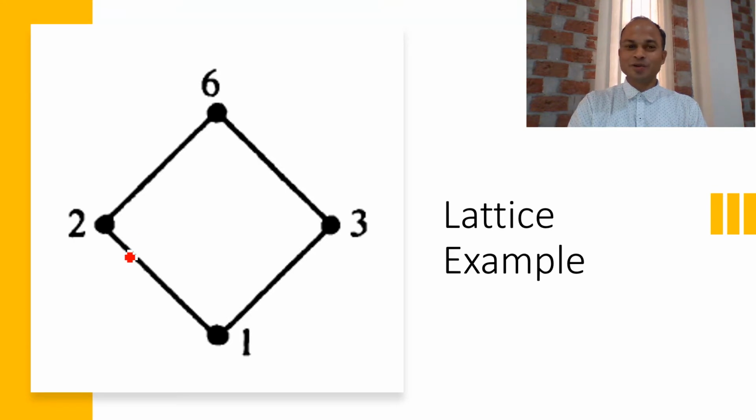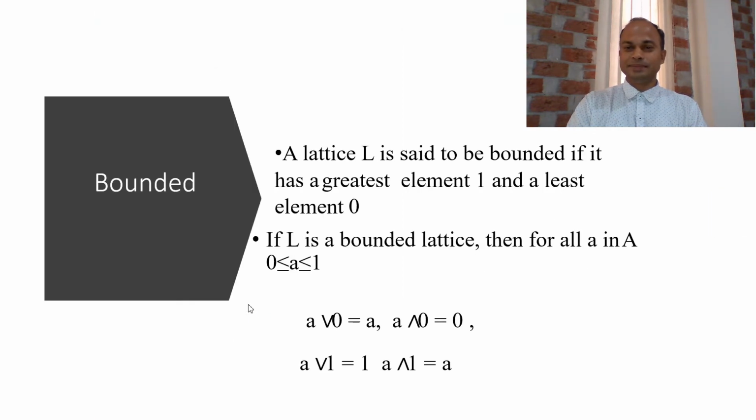If we talk about the lower bound of 2 and 3, it is 1. So the greatest lower bound is also 1. So we can find the least upper bound and greatest lower bound for every pair. Therefore, this is a very good example of a lattice.